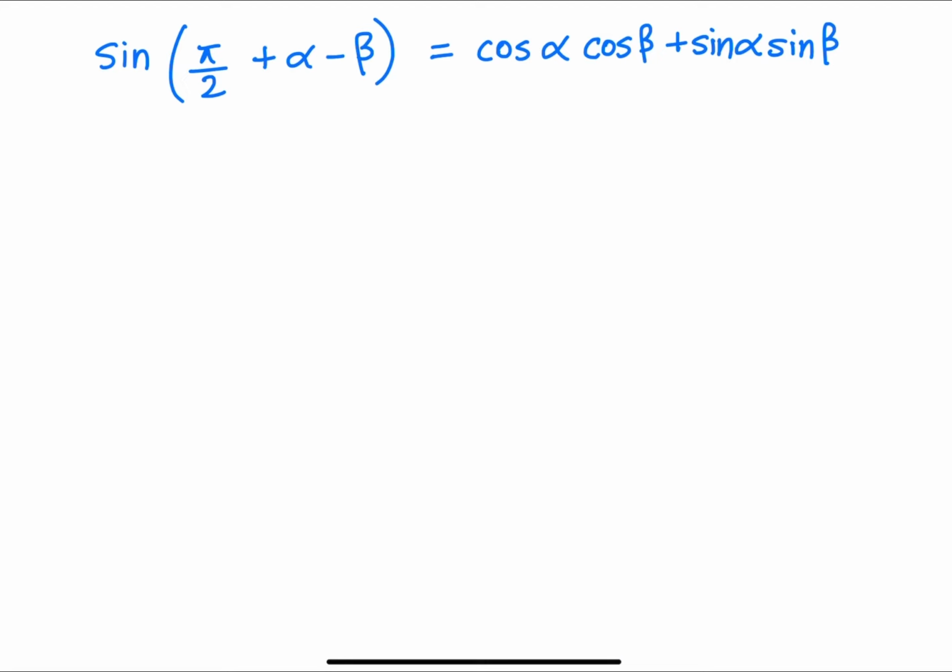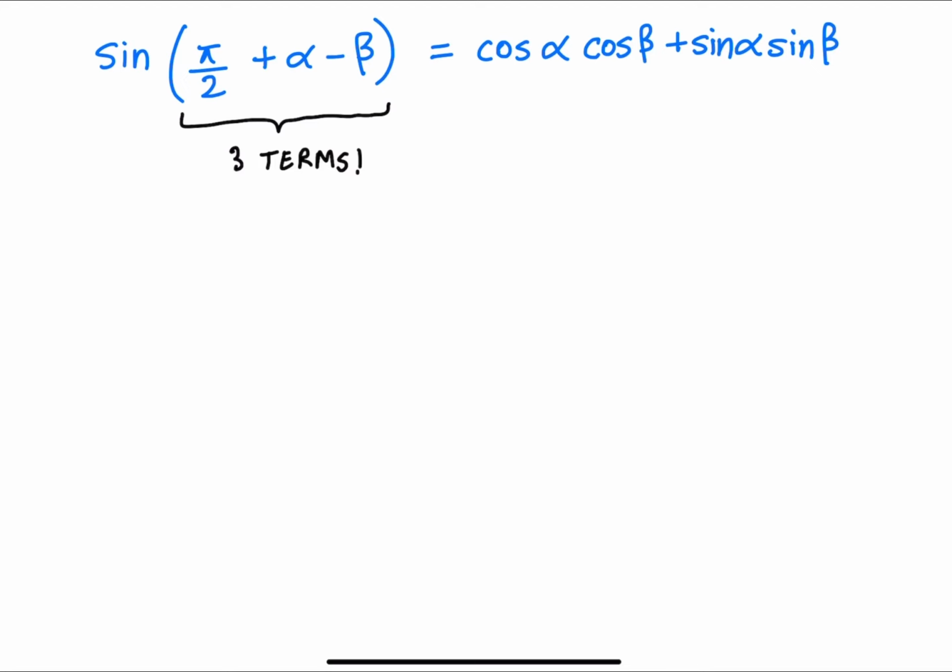And it may seem pretty easy, but when you take a closer look at the left-hand side of the equation, you'll see that it has sine of pi by 2 plus alpha minus beta, which has 3 terms in the brackets. And we've only learned how to solve sine of alpha plus beta when it has 2 terms inside its brackets. So how do we solve this question?